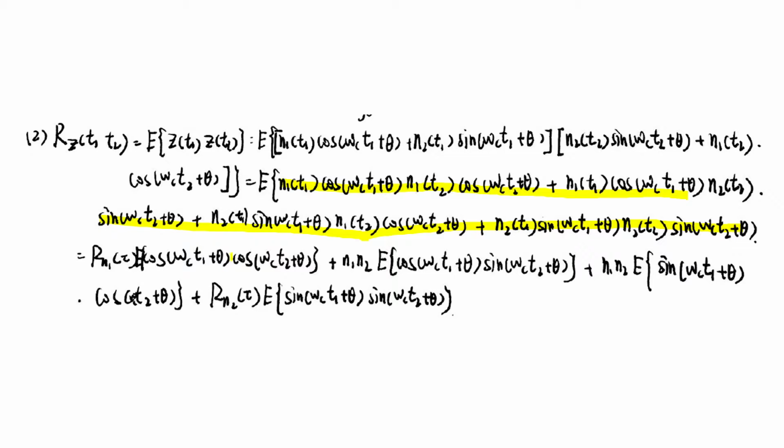And we see that E[N1(t1) multiplied by N1(t2)] should be R_N1(t1, t2), and we already know that N1 is WSS, so R_N1(t1, t2) should be R_N1(τ), where τ equals t1 minus t2 here.